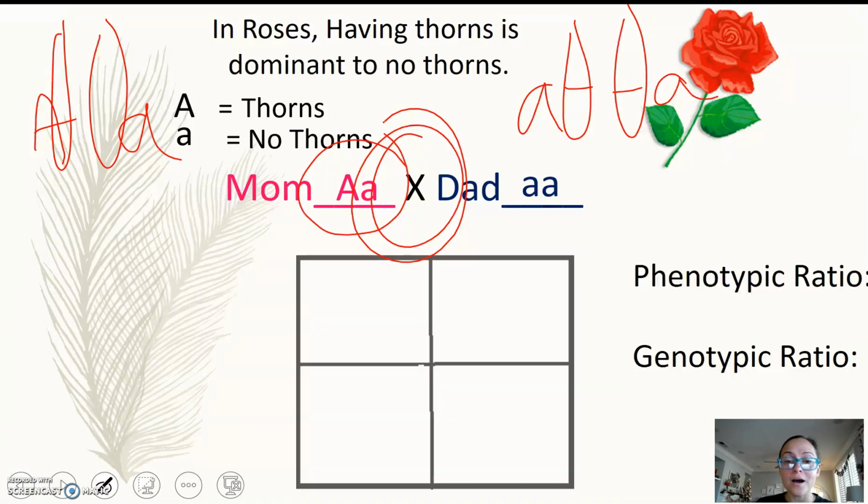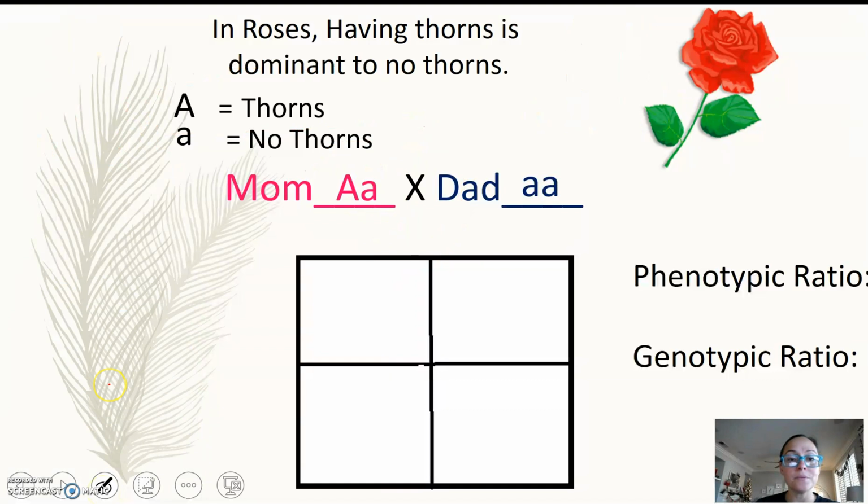Now, this mom's phenotype is the actual physical expression of the traits. So that would be thorns, because thorns is dominant. And you actually only need to have one copy of a dominant allele in order to express that trait. So when we go to use a Punnett square, we're going to take the mother's possible alleles.